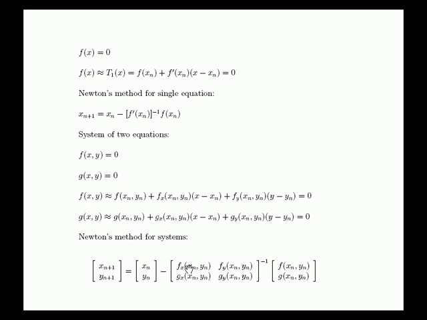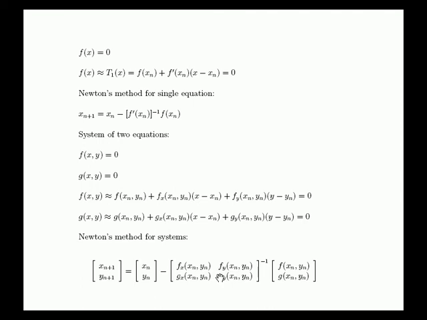This matrix is called the Jacobian matrix, times the vector x minus xn, y minus yn, equals minus f, g, and you multiply by the inverse and then add the xn, yn. I'm going pretty fast here, but basically just solve this for x and y. And hopefully that x and y is a better approximation, because it's where the 2 tangent planes are both simultaneously 0. So hopefully it's close to the point where both the surfaces f and g are 0.